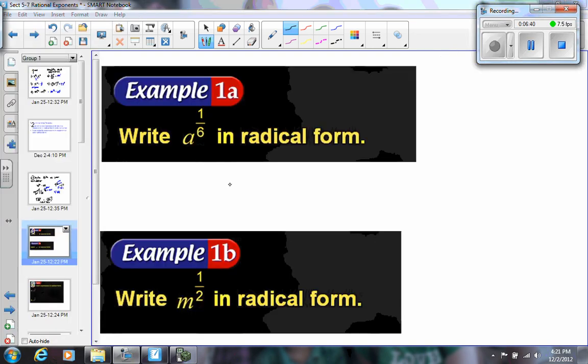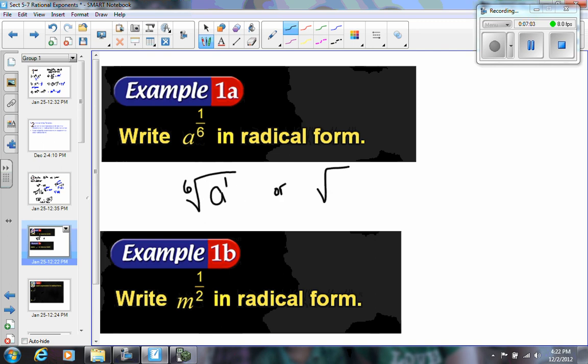So here's just a couple of quick examples. I'm asked to write a to the 1/6 power in radical form. Remember, 6 is the root and 1 is the power. So I'm going to have the 6th root of a. Now to show that it's the 6th root, I have to put a 6 here. And that shows it's the 6th root of a to the 1st power. I don't have to put the 1 there.